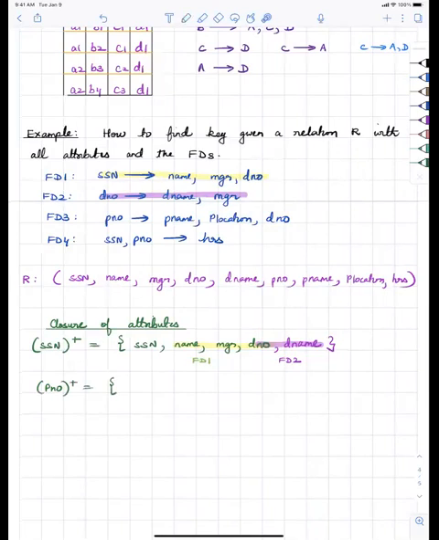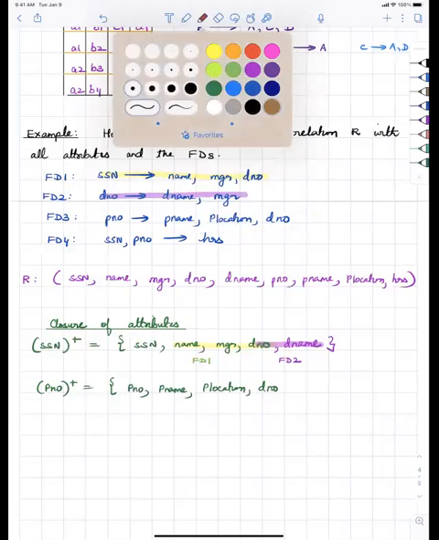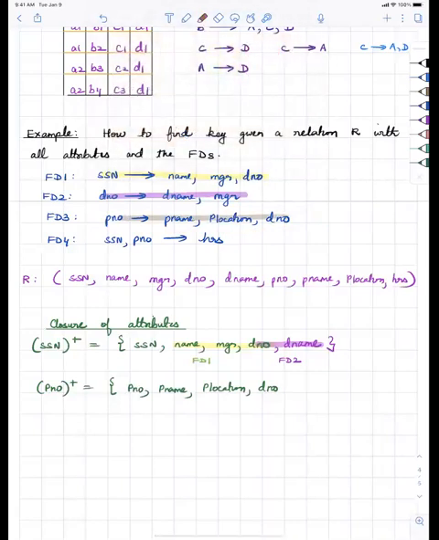So if you look at P number, you find that you have P number, and then you have P name, P location, and you have D number. So if I look at this one, I get all of these come out.